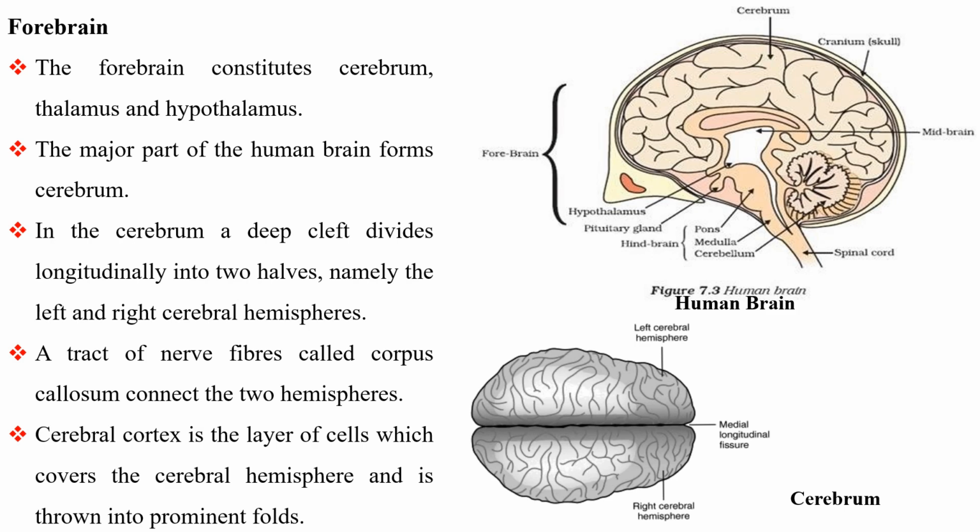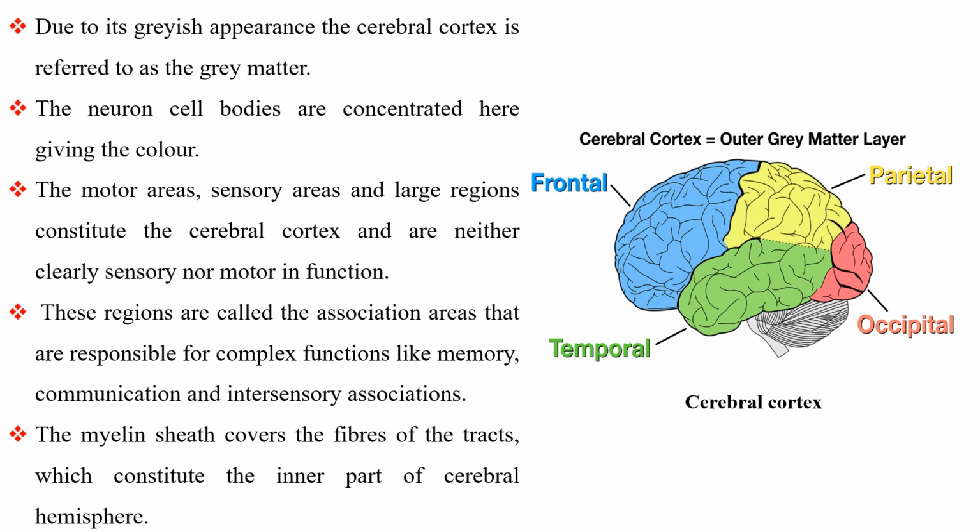Cerebral cortex is the layer of cells which covers the cerebral hemisphere and is thrown into prominent folds. Due to its grayish appearance, the cerebral cortex is referred to as the gray matter. The neuron cell bodies are concentrated here, giving the color. The motor areas, sensory areas, and large regions that constitute the cerebral cortex are neither clearly sensory nor motor in function.